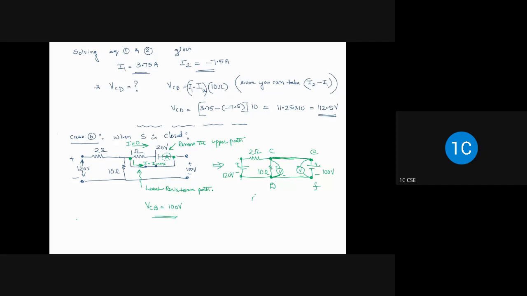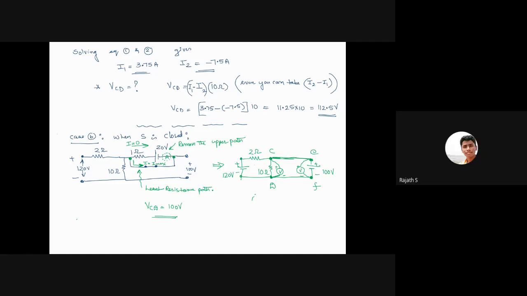You don't have to calculate it. Using observation only, you can say that it is 100 volt. So this is how you can solve this particular problem.